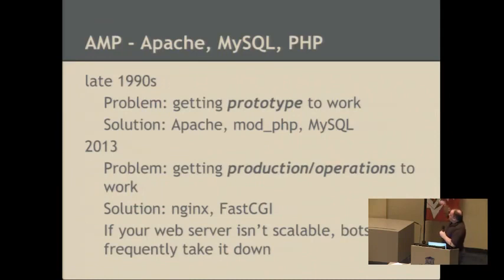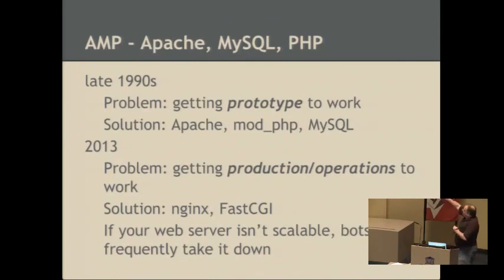But the problem we have today is we know how to make a website. A 12-year-old kid can put together his own website. We know how to do that. We don't have to struggle with that problem anymore. Our problem today, though, is getting those servers in production, in operation, so that when we plug it into the public internet, it doesn't fall over 10 minutes later because an SEO bot comes along and hits it. Or that hacker comes along with SQL injection or all the other ills.